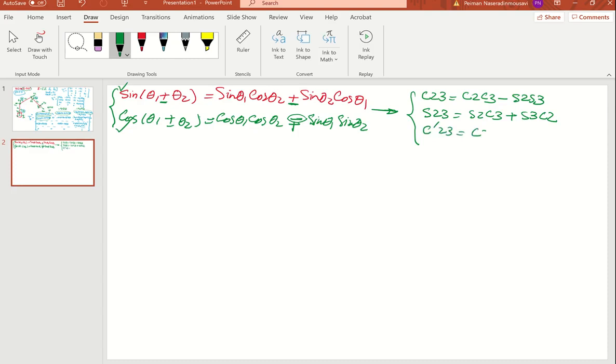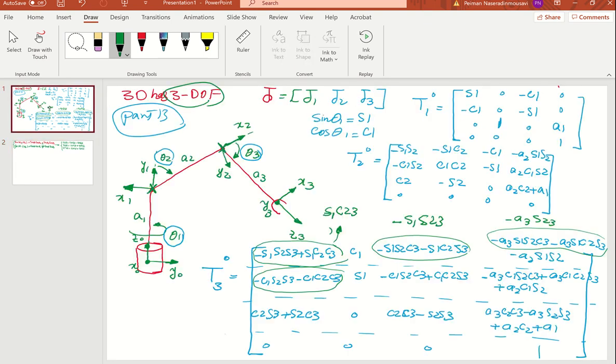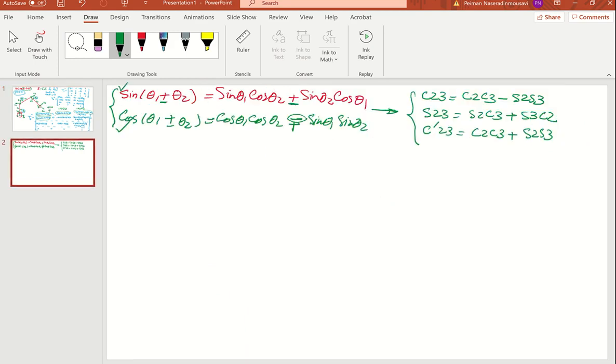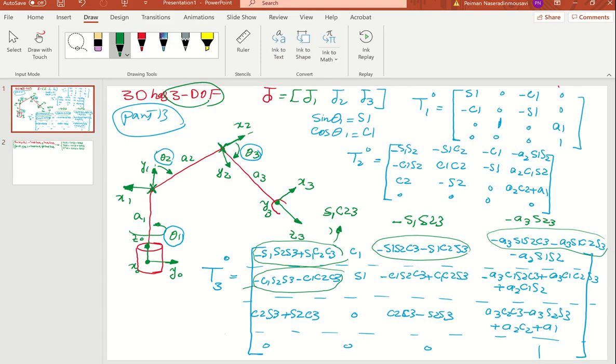Gonna be cosine 2, cosine 3 plus sine 2, sine 3. Look at here. If I factor out minus cosine, gonna be sine 2, sine 3 plus. That's right, it's plus. So cosine prime means this minus here. So I'm gonna name it as.